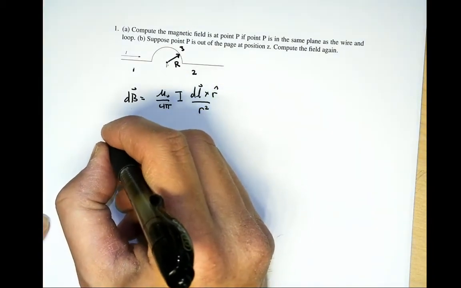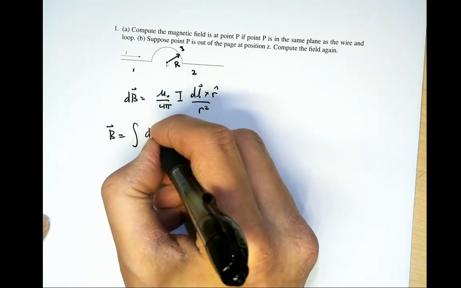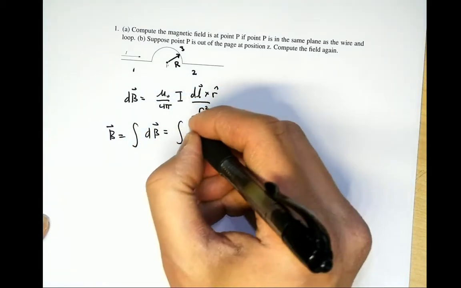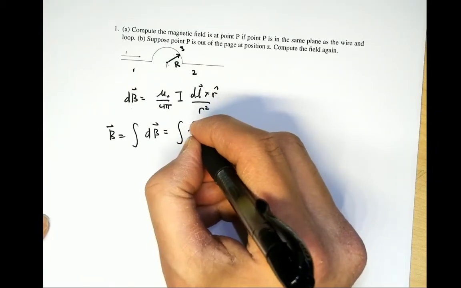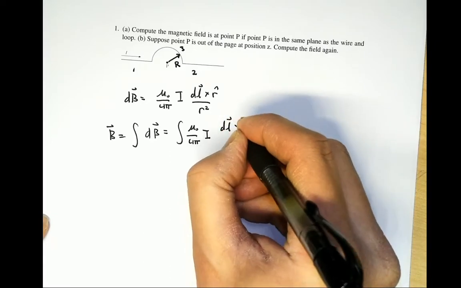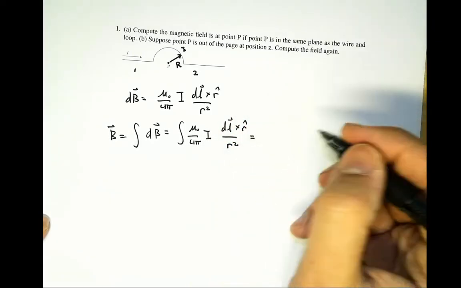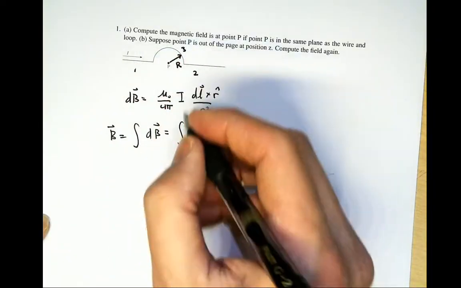So the B field is going to be the integral over all dB, which is the integral of mu 0 over 4 pi I dl cross r hat over r squared. I can break this down into segments 1, 2, and 3.